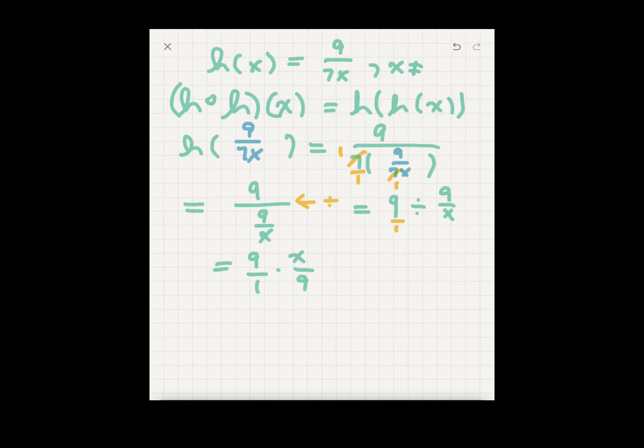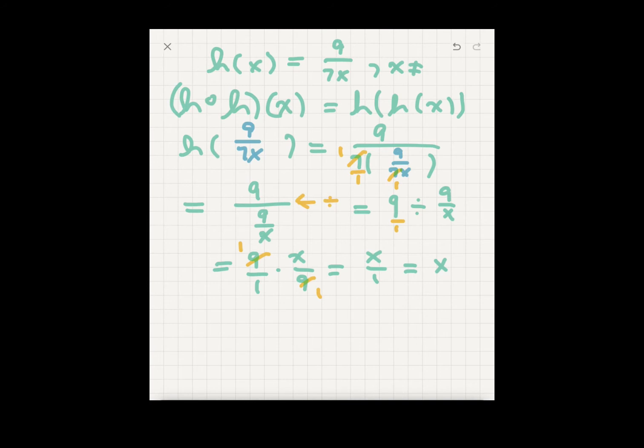So I can divide the first numerator by 9, divide the second denominator by 9, and I now have x over 1, which is x. So I have just shown that h composed with itself is the function x.